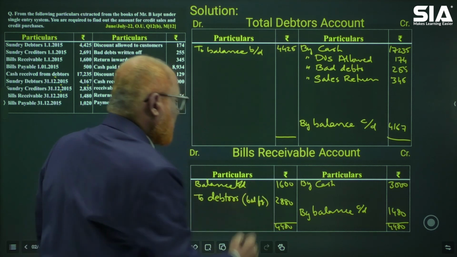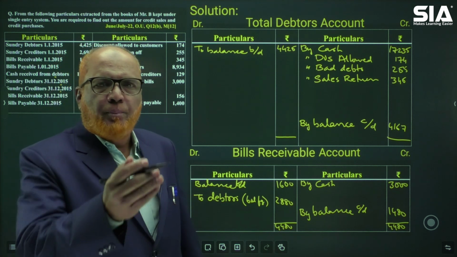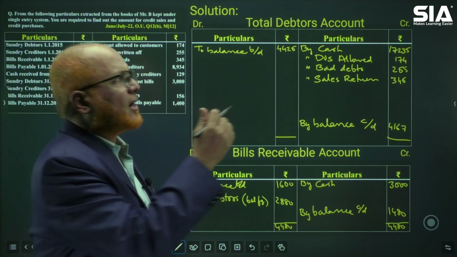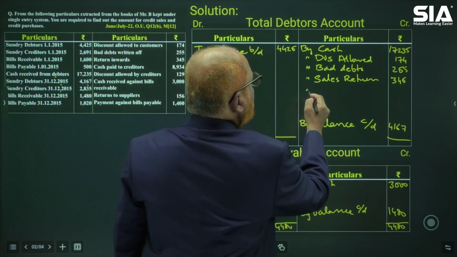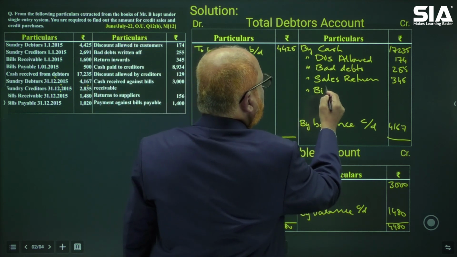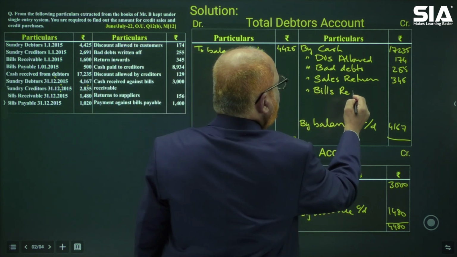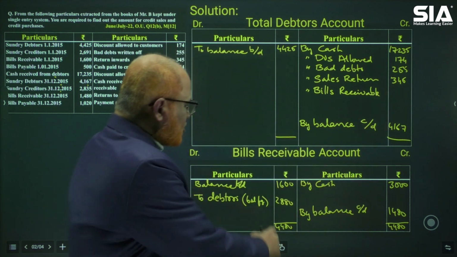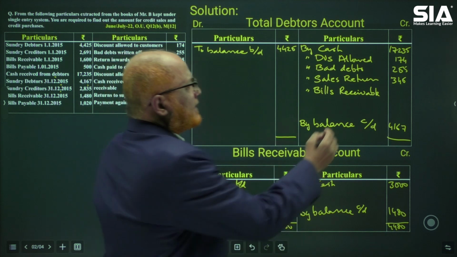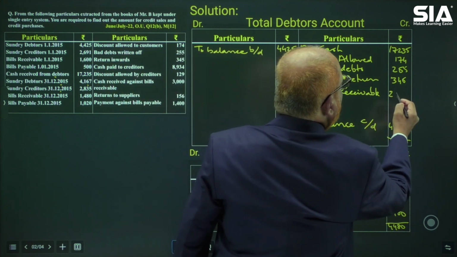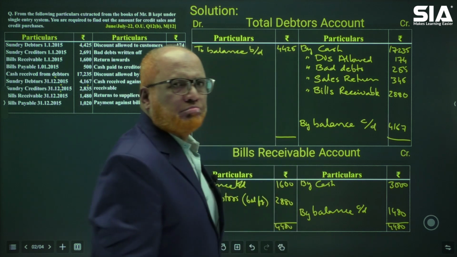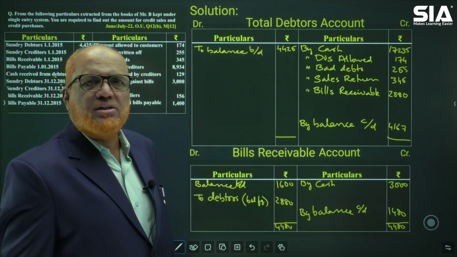It is not given in the problem. We have calculated. The bills receivable received, so debited. Debtors should be credited. So in debtors account, here I am writing bills receivable. How much bills receivable we have received? 2880. Here I am taking 2880. That's it. So this account is closed, bills receivable account.